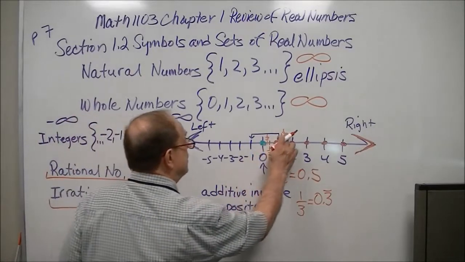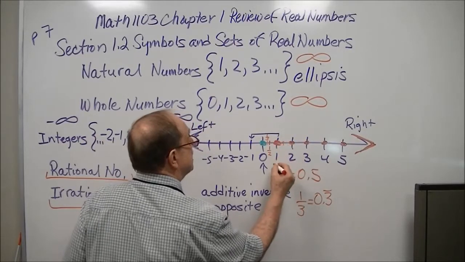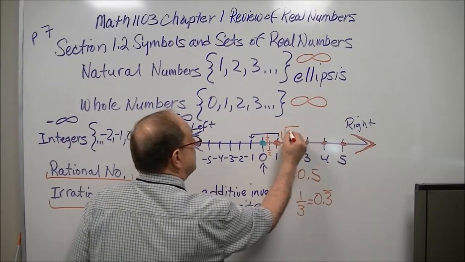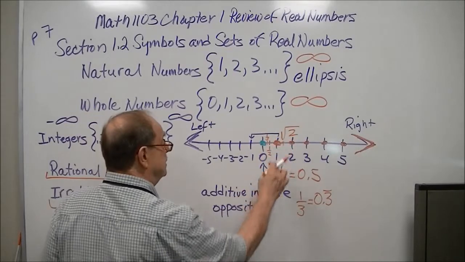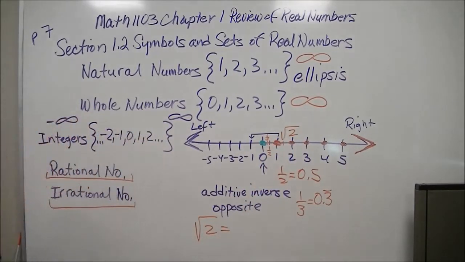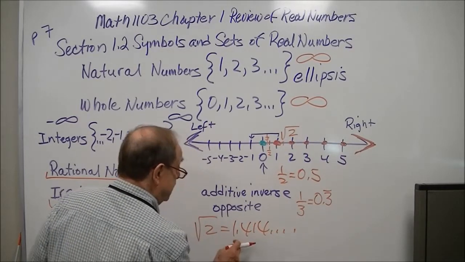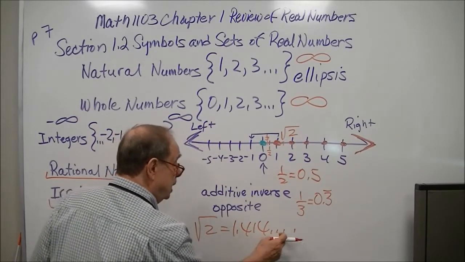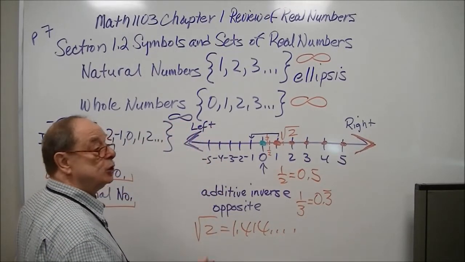Well, if you go a little bit over, perhaps a little bit more, you get what is called the square root of 2. The square root of 2 is a number that's on the number line, but when we convert it to a decimal fraction, it starts off 1.414, and it just continues on and does not terminate.